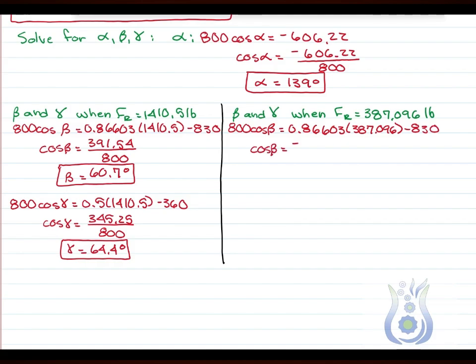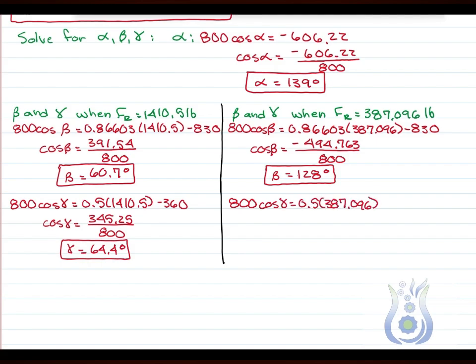We'll do the same thing with our 387.1 pounds. Algebraically, we just substitute in 387 for FR and work the algebra. For the beta, we get 128 degrees, and for gamma, we get 102 degrees.